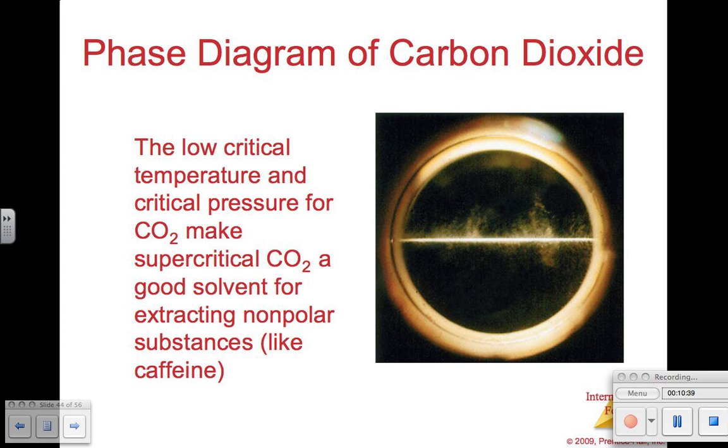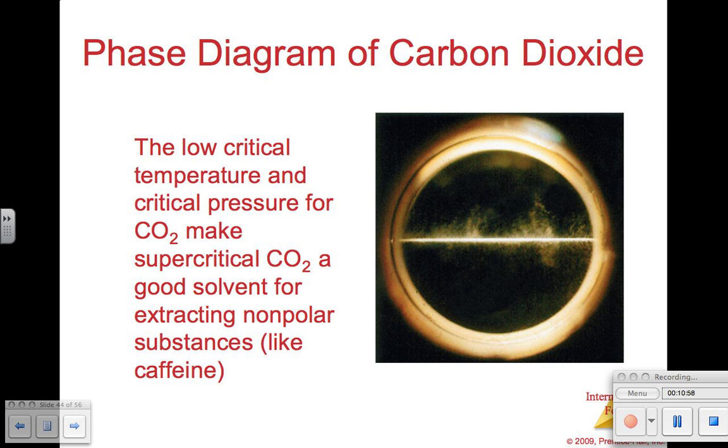So the low critical temperature and critical pressure for carbon dioxide makes supercritical CO2 a good solvent for extracting nonpolar substances. Liquid or supercritical carbon dioxide can be used to extract nonpolar substances.